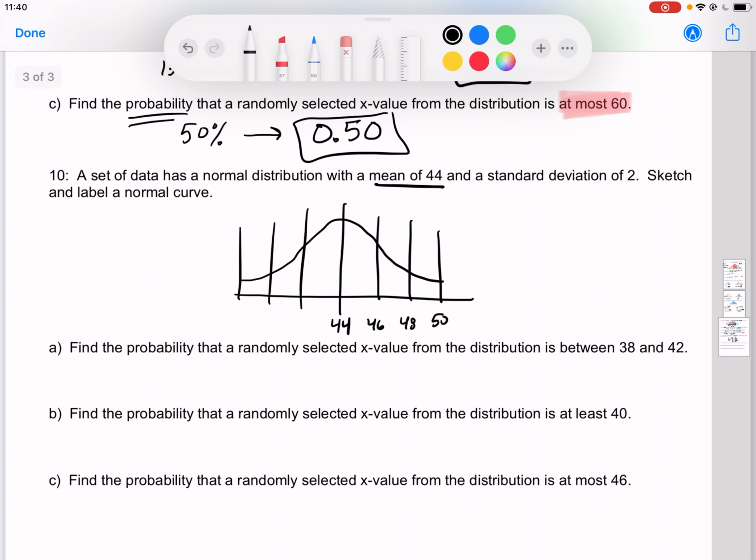And then you're going to subtract 2 the other direction, so 42, 40, and 38. And all those percentages stay the same. So we've got 34, 13.5, 2.35, 0.15.